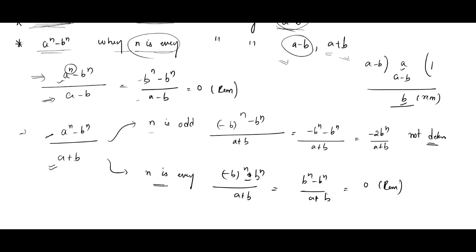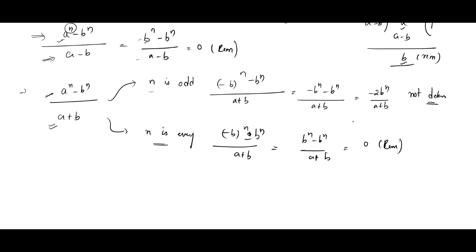We saw both the statements. If you want to remember, try to remember like this. First case: a power n plus b power of n. Let's take n value 3: a cube plus b cube. The formula is a plus b multiplied with a square minus ab plus b square.